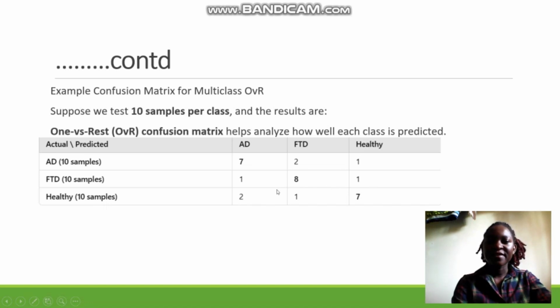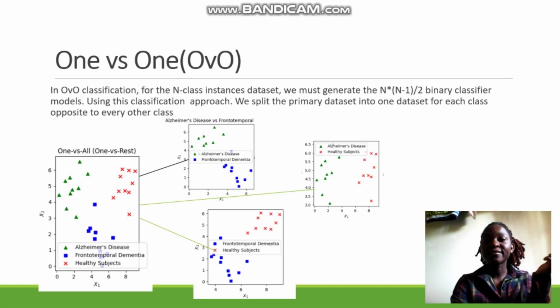When we come to evaluate the three classifiers, we see that for frontotemporal dementia, it does pretty well, because it has only misinterpreted two samples. So at least the classifier works well with frontotemporal dementia.